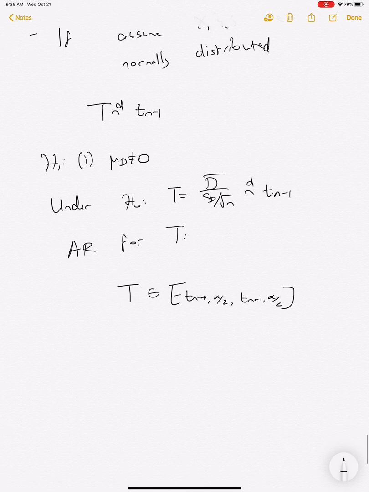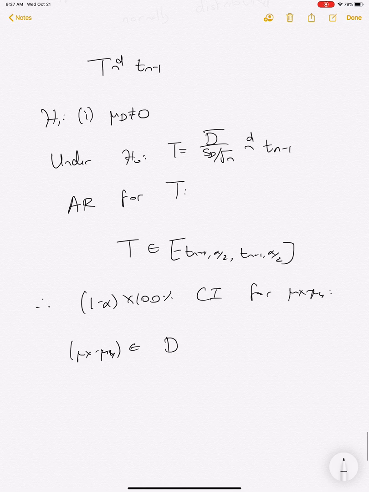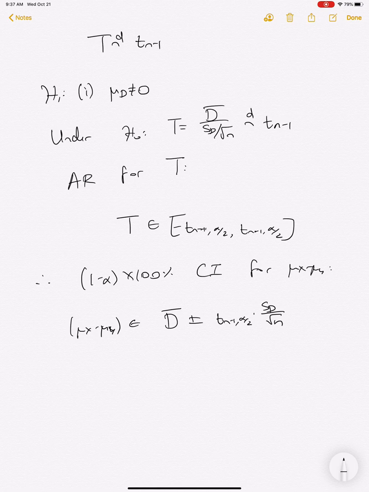And similarly, if you want a 1 minus alpha times 100% confidence interval for mu x minus mu y, that's going to be mu x minus mu y is in d bar plus or minus t_{n-1, alpha/2} times sd over square root of n. Okay, so this is how we do things when we look at pair differences.